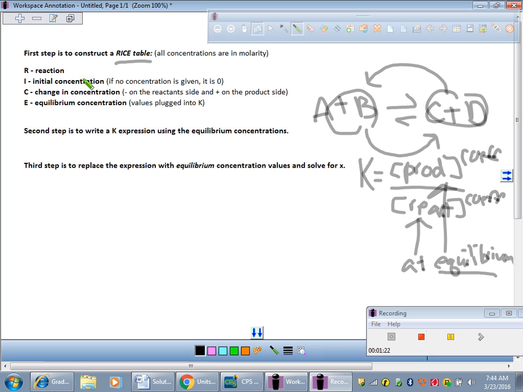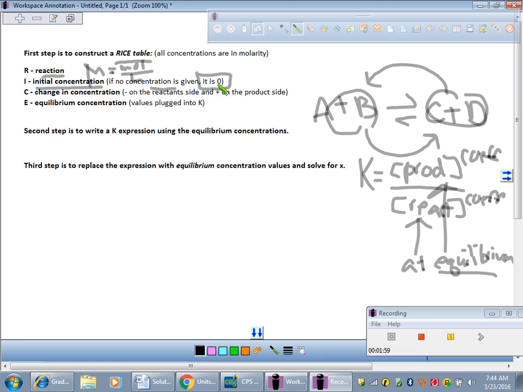So R stands for the reaction, so whatever reaction it is, we write it out. It becomes like the header for our table. I is the initial concentration, so that's the concentration of the reactants and products when you are starting the reaction. Now, remember, concentration is molarity, moles over liters. So if we do not give you a concentration for something, then you assume that it's not there at the beginning of the reaction.